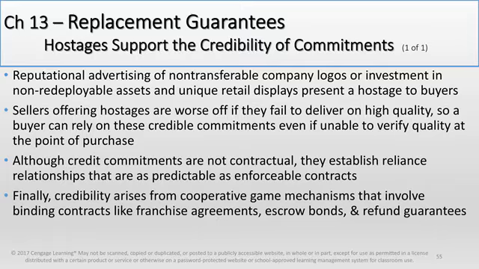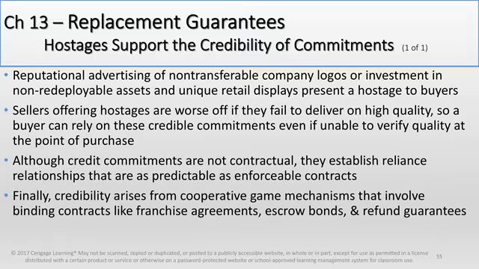Non-redeployable assets are costly to abandon and signal intent to stay. Examples: branded stores like McDonald's, reputational advertising by Apple and CarMax, custom retail fixtures like Leggs hosiery displays. Takeaway: sellers with non-redeployable investments have more to lose if they cheat. This provides credible commitment.